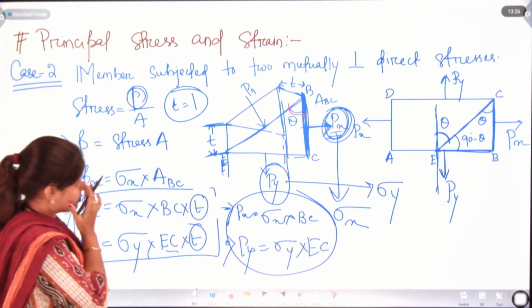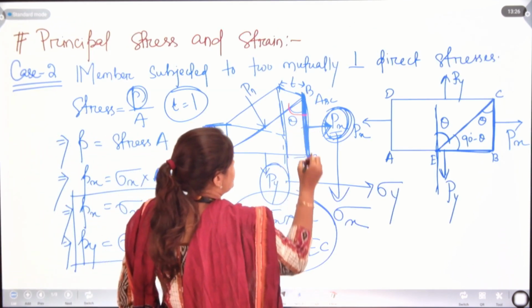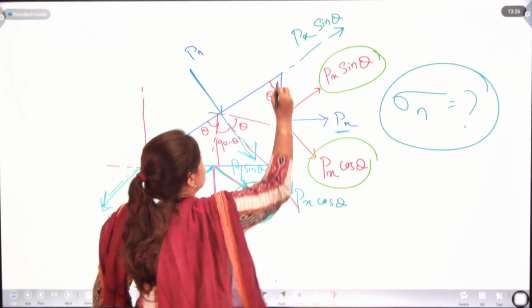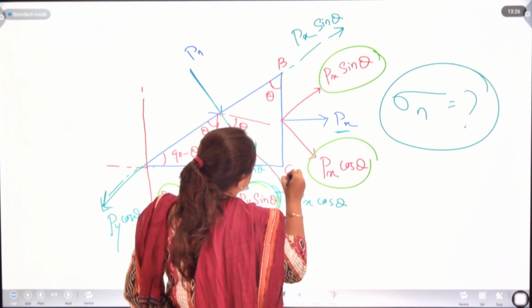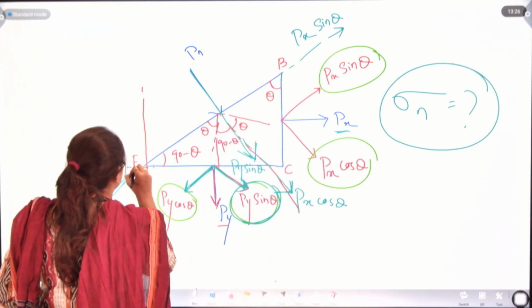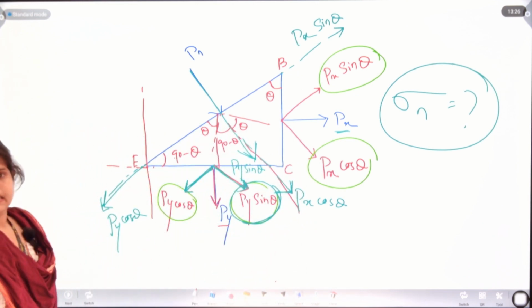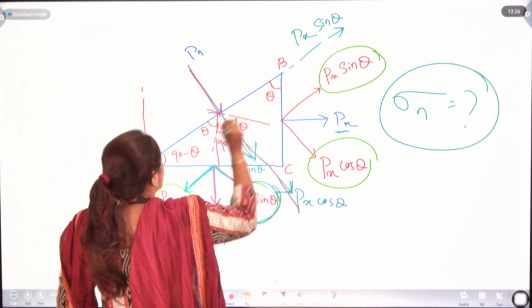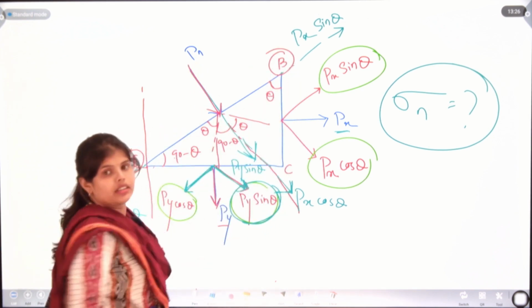Here, in this triangle, this is B, C and E. So let's name it as B, C and E. As we can see, Pn is acting at BE, right?